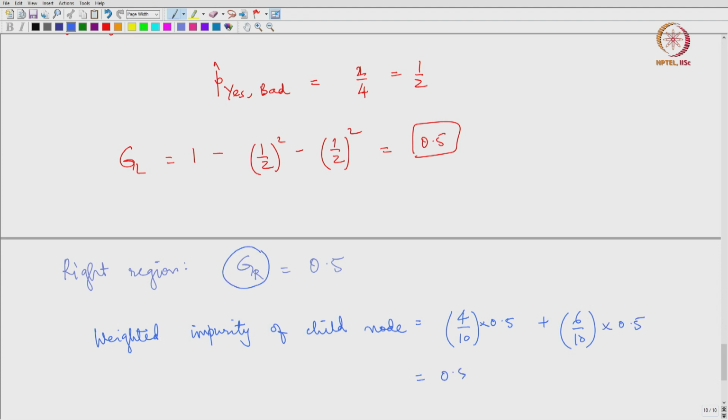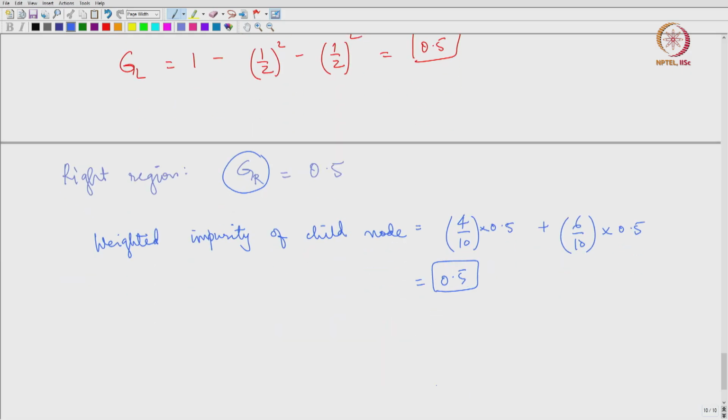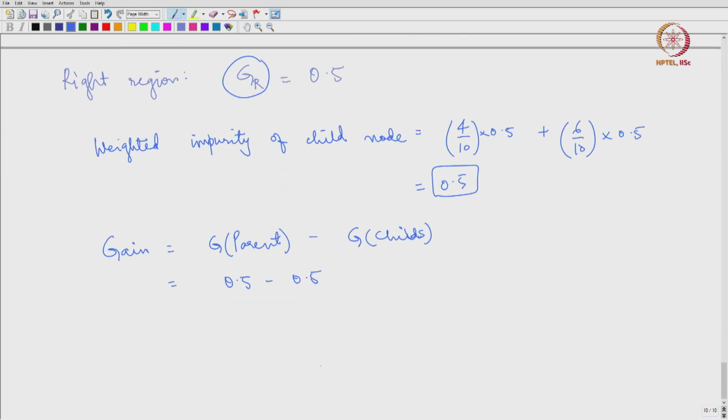So, this is again 0.5. So, what is the information gain? Information gain was the impurity of the parent minus the weighted impurity of the child. So, this was 0.5 and this is also 0.5. So, if you actually used overpotential less than 0.5 as a feature, you would not gain any information.